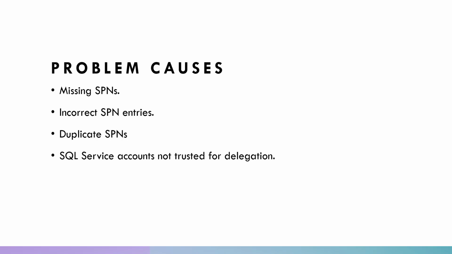But if the service account doesn't have these rights, the automatic SPN registration does not happen and you need to go to your Active Directory admin to register these SPNs manually for the SQL Server instance so that you can enable Kerberos authentication on that instance.